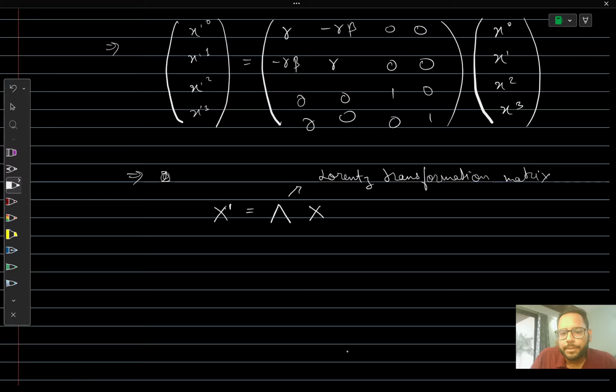And this is the untransformed column matrix. This is how you write it in matrix form.